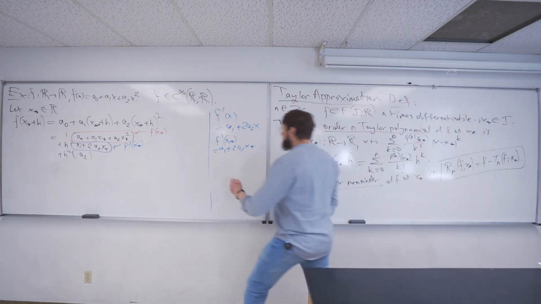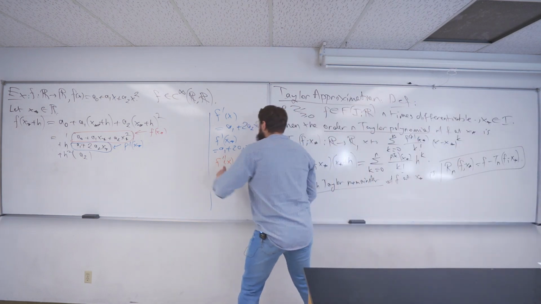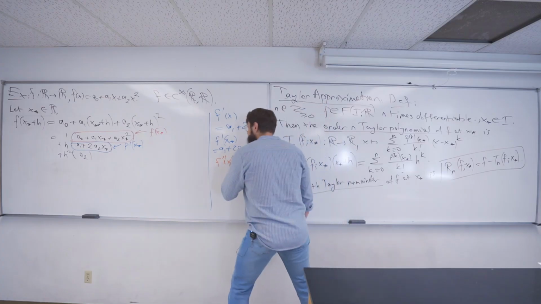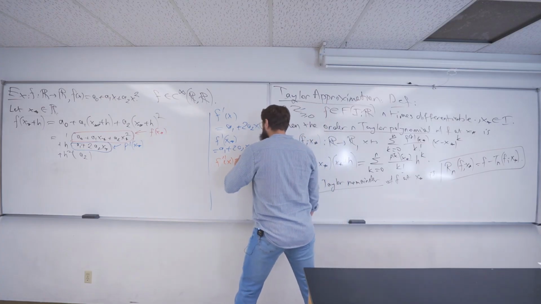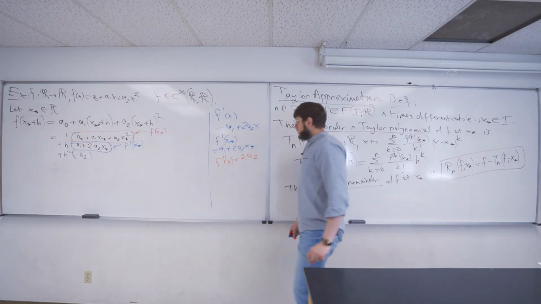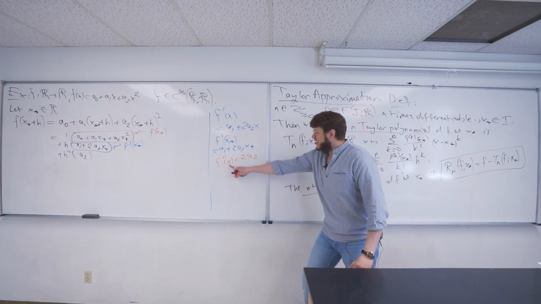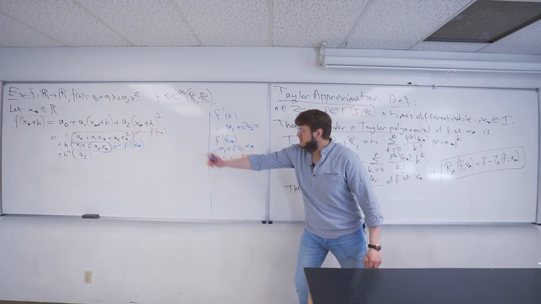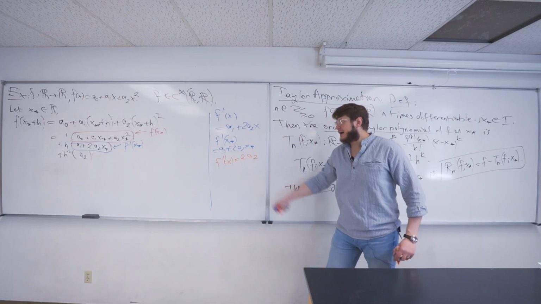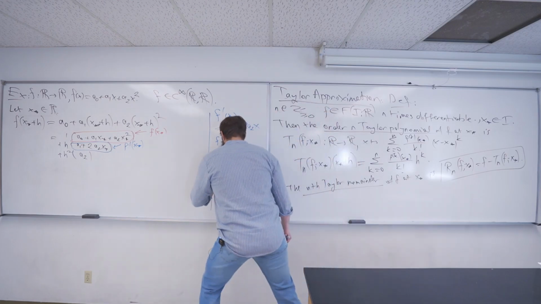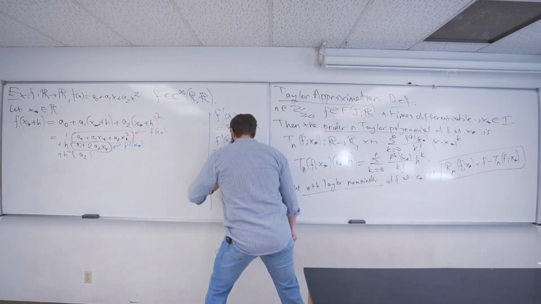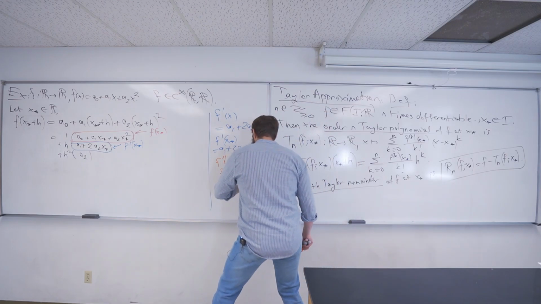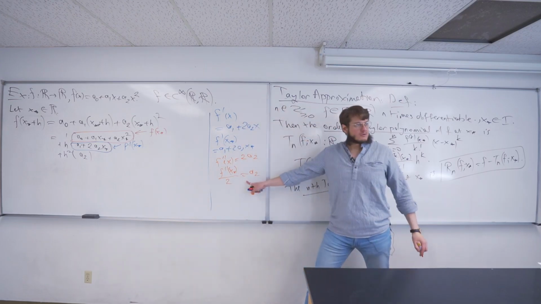And then f double prime is the derivative of this, which is 2a2. So you see, f double prime at x star is not quite a2, but it's up to some constant a2.